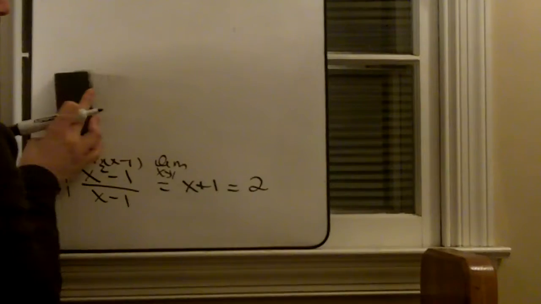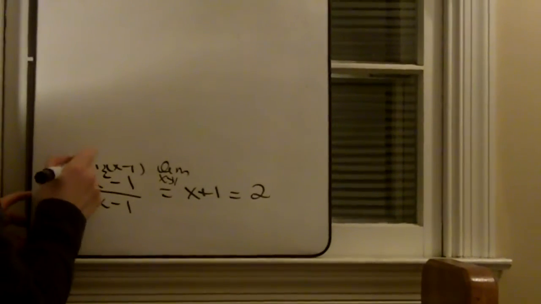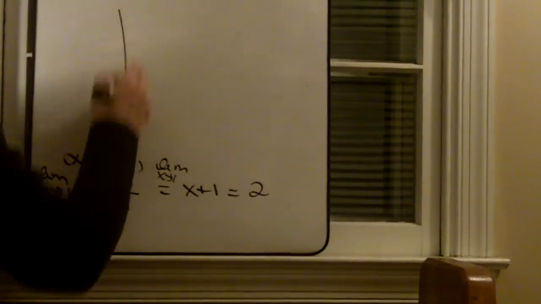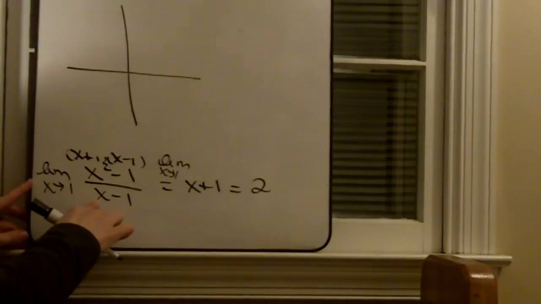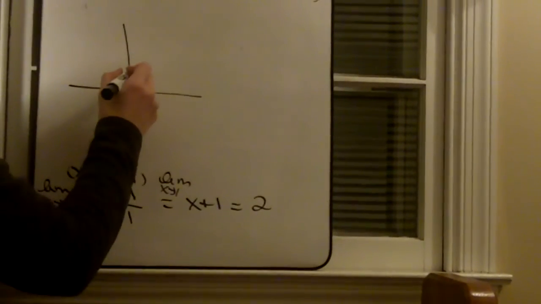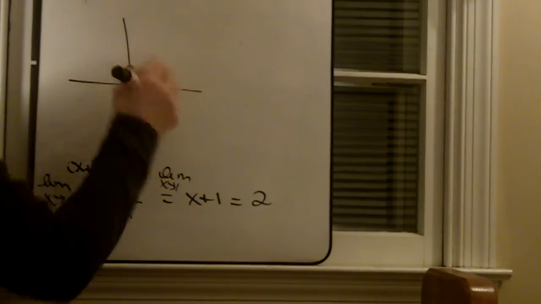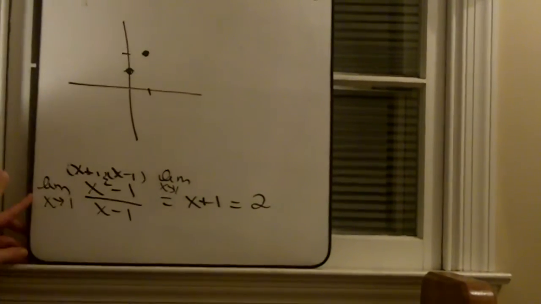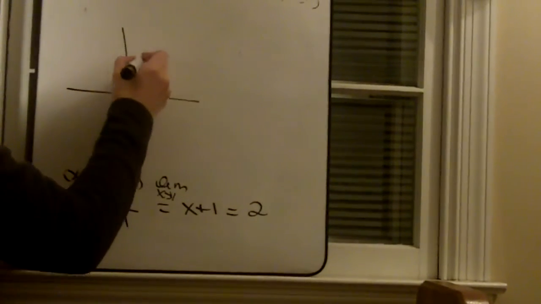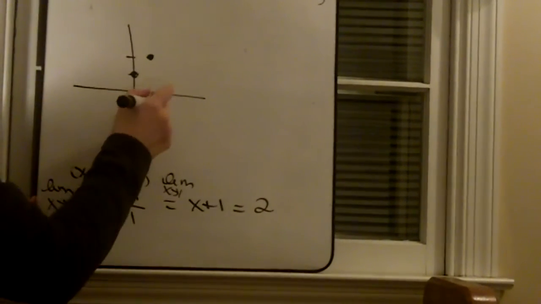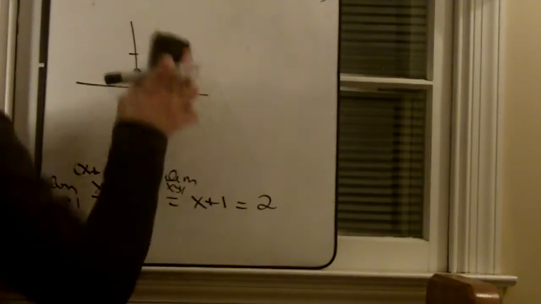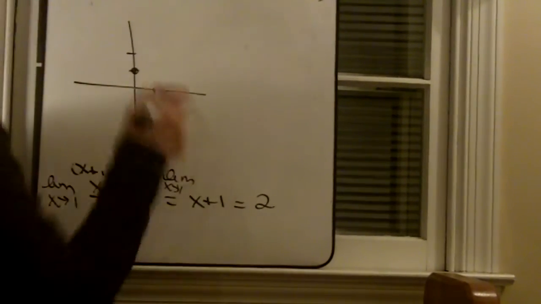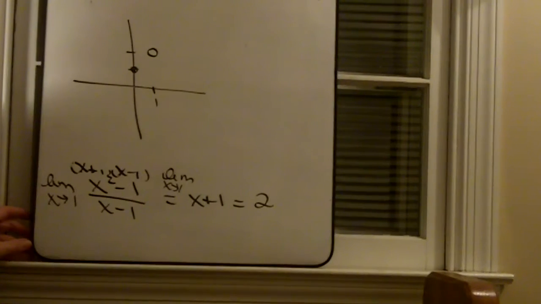What that looks like is that this original function looks like the function that has a y-intercept of 1 and a slope of 1, except that I can't fill that dot in, because when x is 1, the original function does not exist, and I need an open circle.